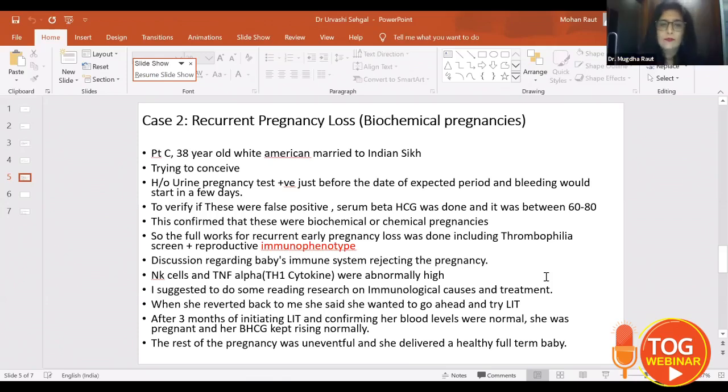The question was why you thought of an immunological problem because the TNF alpha and the NK cells were abnormally high. Yes, and also, of course, when you ruled out everything, the only thing that remained was this, and this was abnormal. So you went for LIT. Yes, right.